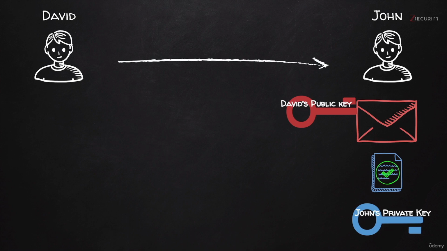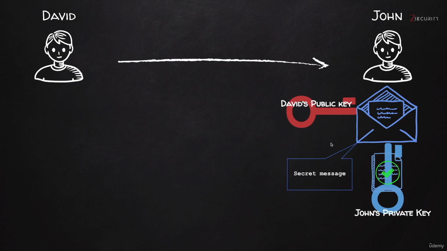The next step is very similar to what happened in the previous lecture. John will use his own private key in order to decrypt the message and read its content, which is just secret message. So, as you can see, as a result of this, each party still kept their own private key. Nobody sent their private key to the other party.